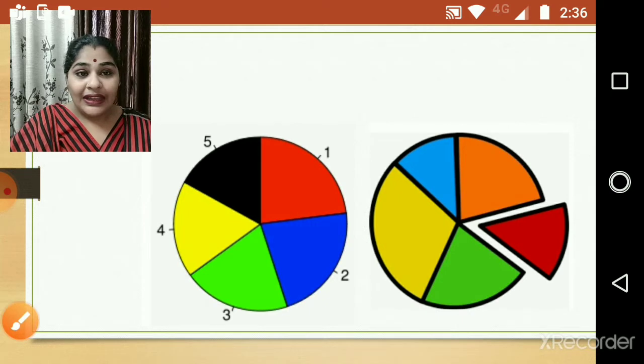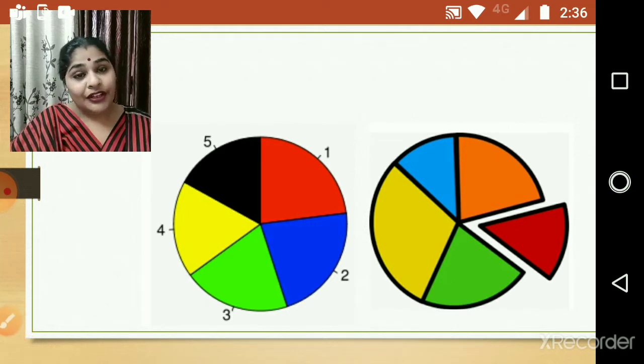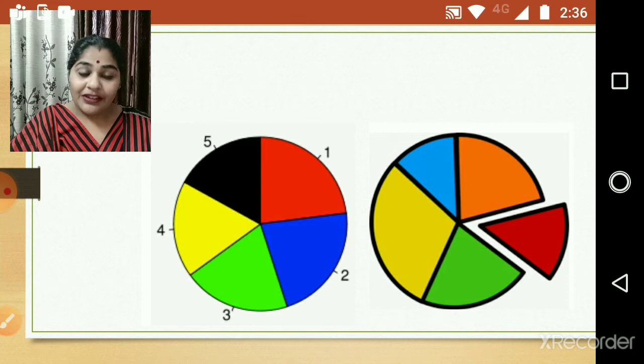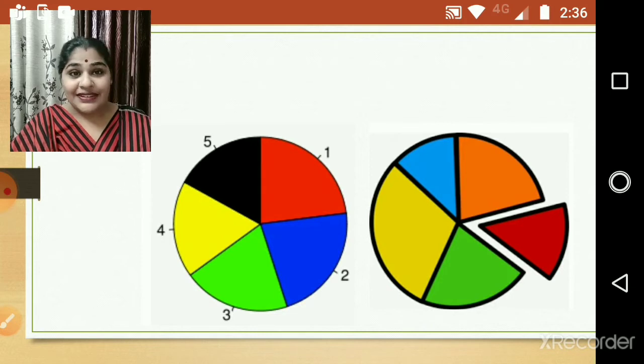So we require the central angle of each sector to draw the pie chart. Without knowing the central angle, you will not be able to draw the pie chart. So first thing we require is the central angle of each sector, and the number of sectors depends on the data, right? So let us begin.